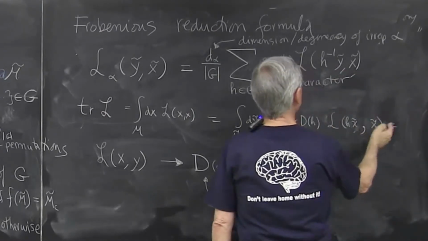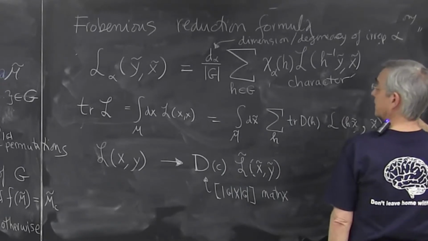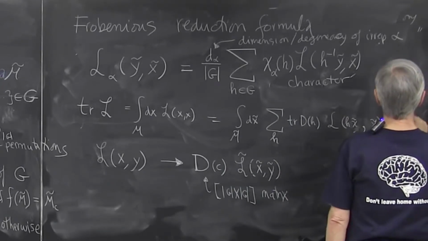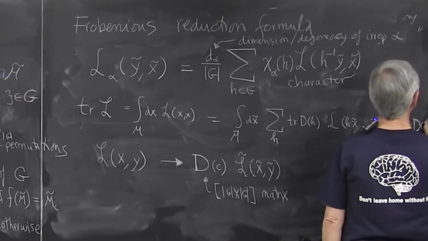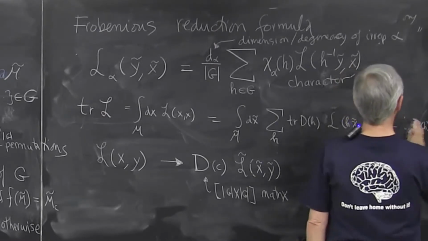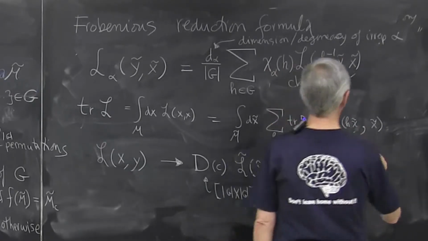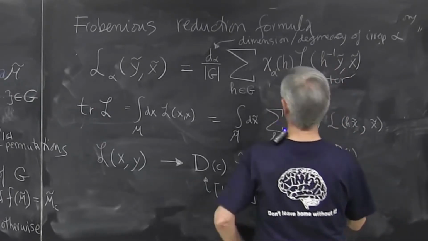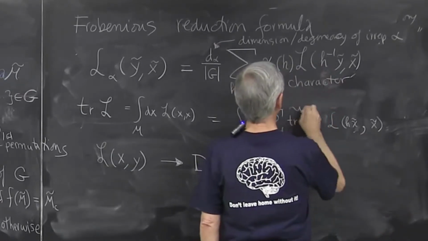So this integral is a trace on fundamental domain. So this is really a trace of this finite dimensional matrix, which cares about where you started. And this thing has a name, which is the character. So this is character.